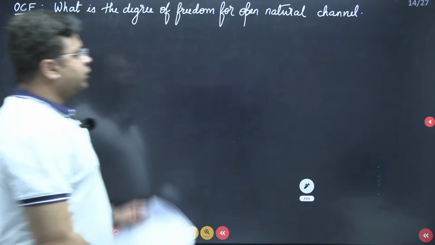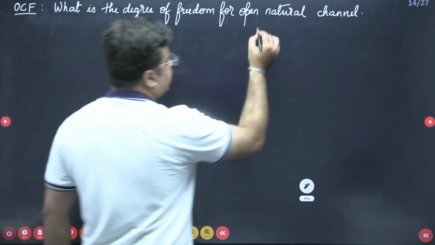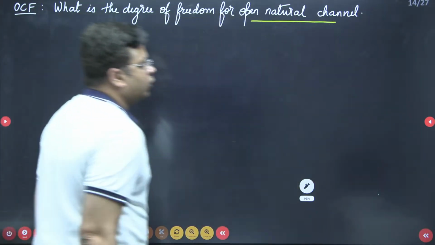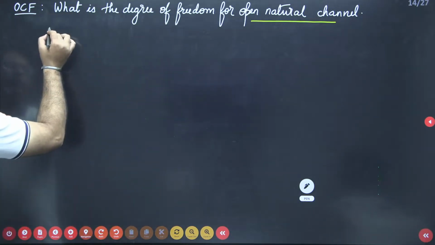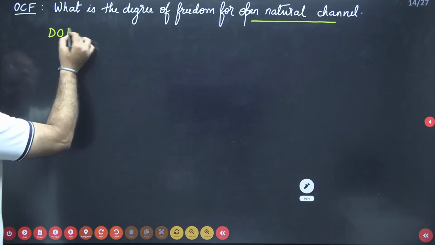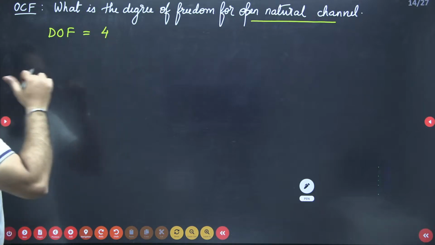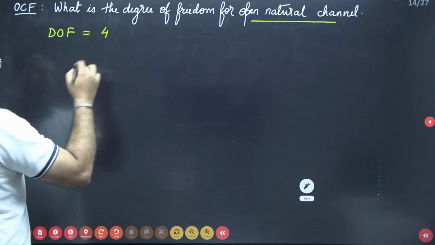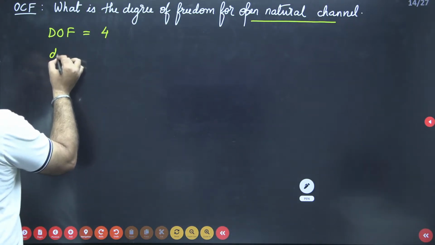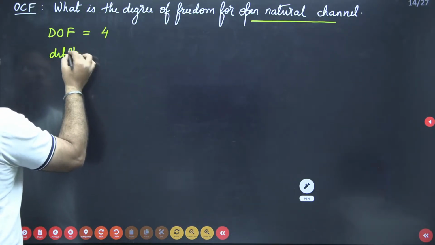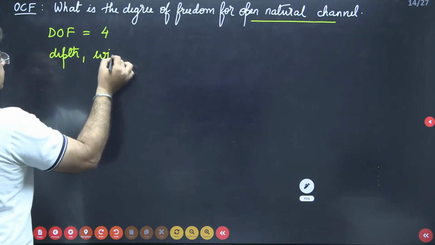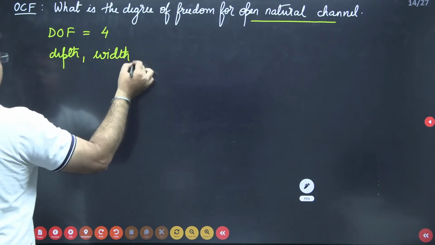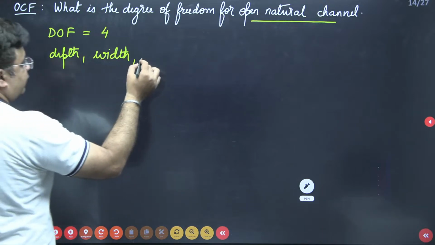So my dear students, for an open natural channel, the degree of freedom is 4. For an open natural channel, depth can vary and width can vary.